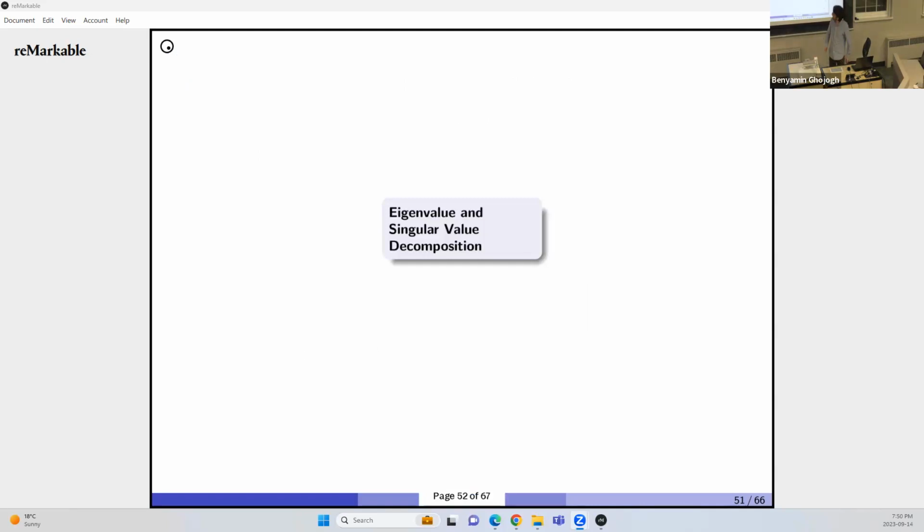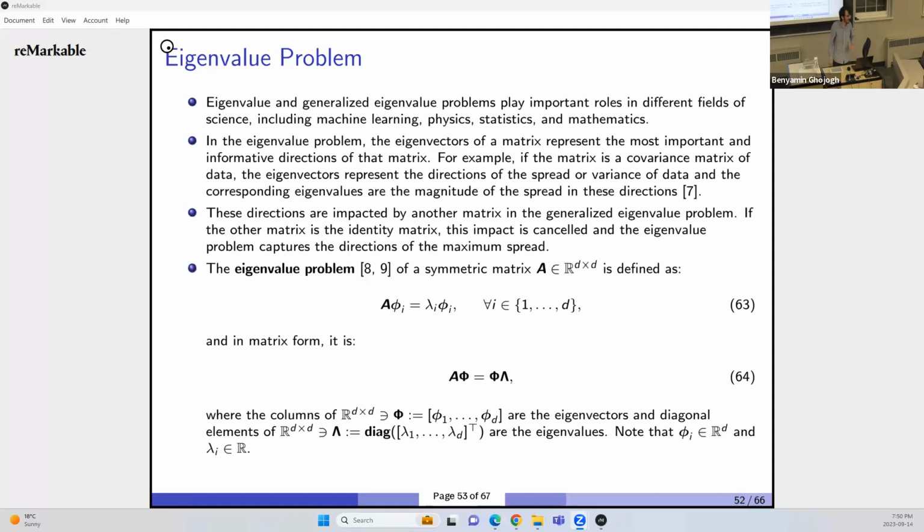Now, the next thing is eigenvalue and singular value decomposition. Used a lot in machine learning, a lot. Eigenvalue and generalized eigenvalue problems play important roles in different fields of science.